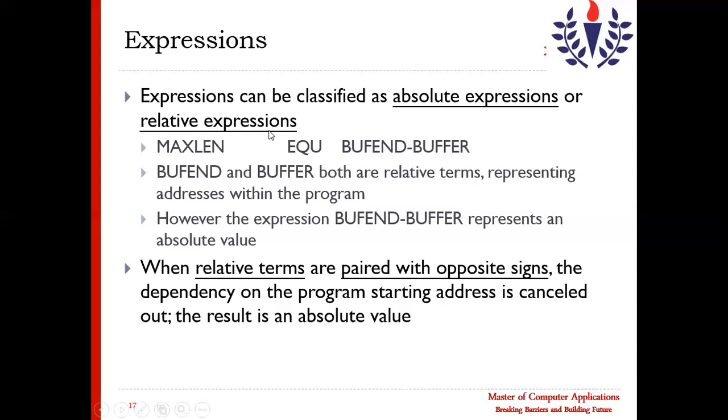An expression that uses only absolute terms is an absolute expression. That means the terms don't belong to your actual program. They may also contain relative terms, provided the relative terms occur in pairs with opposite signs for each pair.